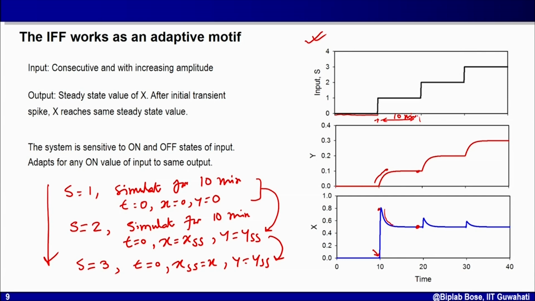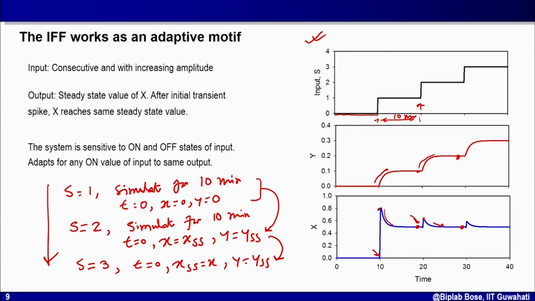Now, at this 20 minute, I give another pulse of s to make s equal to 2. Now I double s, the input signal is doubled. You can see y increases and stabilizes at a higher steady state value, but x increases with a spike up to this point, and then it falls back and reaches another steady state.